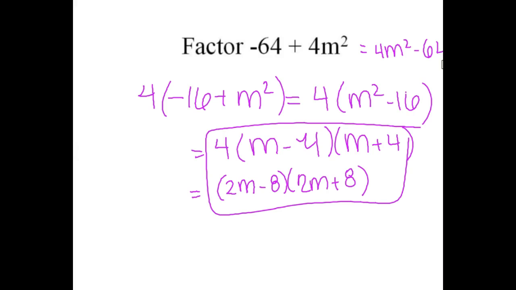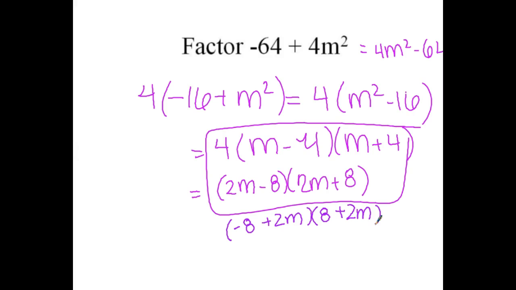Okay, and then for this one, these were perfect squares, and they had a GCF. Now, not all of us saw the GCF, so we might have had 2m minus 8, 2m plus 8. Some of us might have had negative 8 plus 2m, positive 8 plus 2m.